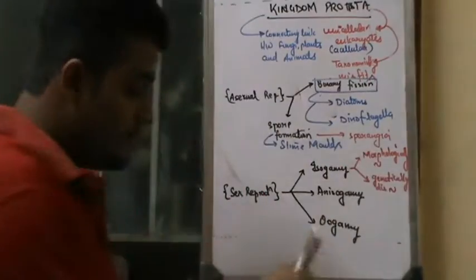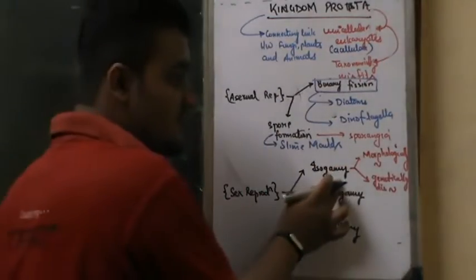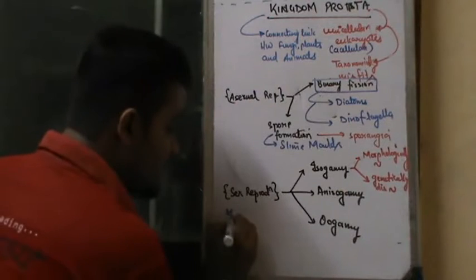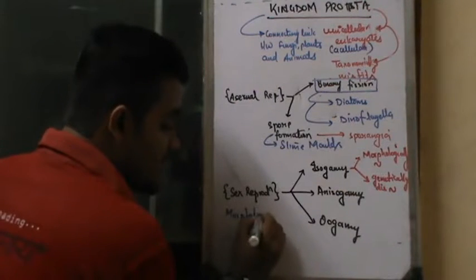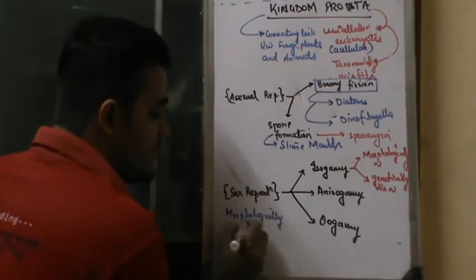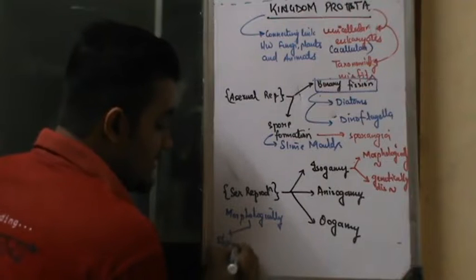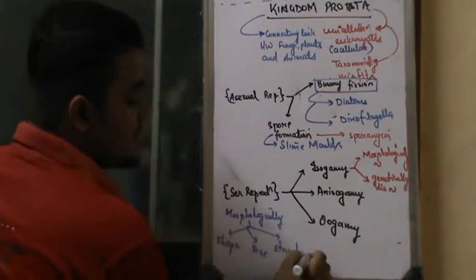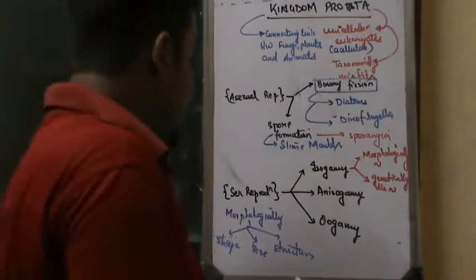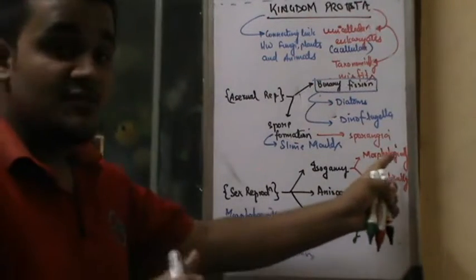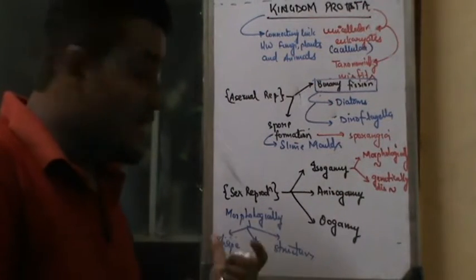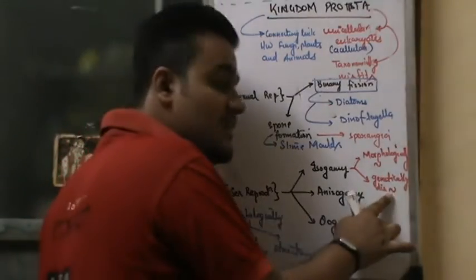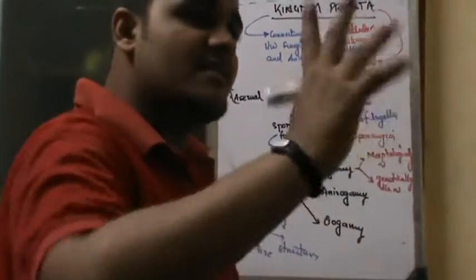That word is very important. In this type of fusion, the gametes are morphologically similar, meaning I am talking about the shape, the size, the structure of the protistan. The fusing gametes are similar in shape, size and structure, but are genetically similar or maybe dissimilar. Both are possible.